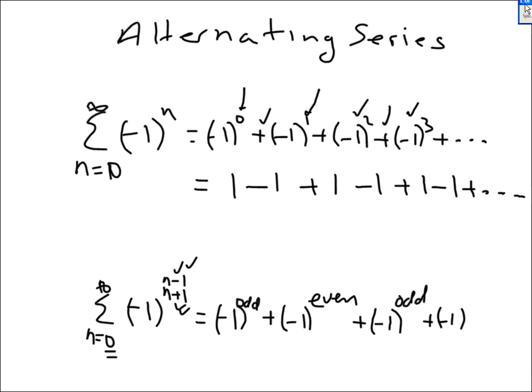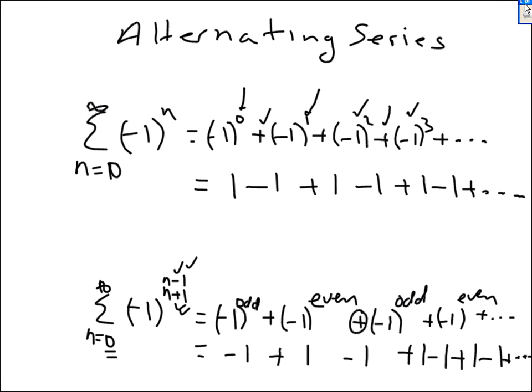Plus negative 1 to the even, etc. Negative 1 to the odd is negative 1, plus negative 1 to an even power is 1, plus negative 1 to the odd is negative 1. Adding a negative 1 is the same as taking away 1. Convince yourself of that. So again, the signs alternate forever and ever.